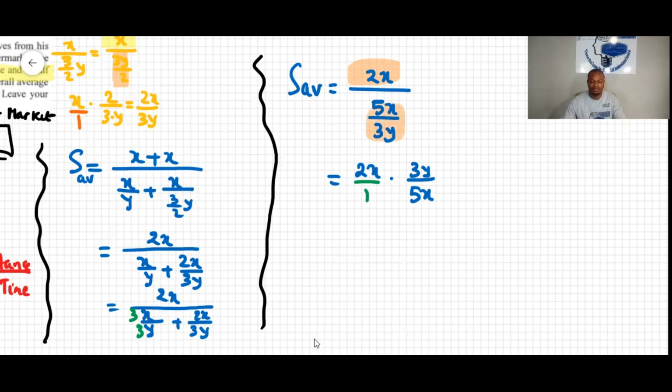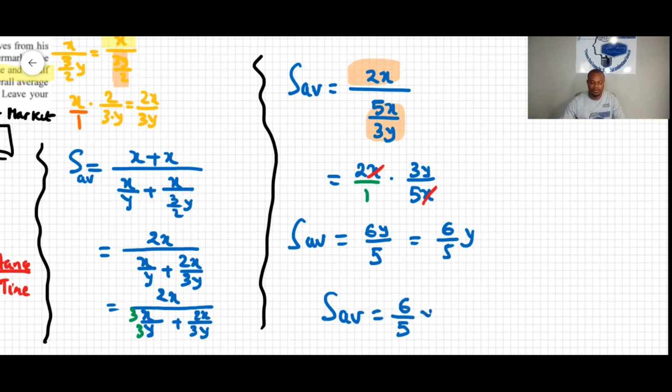So now we can multiply this. We can notice that we can cross out x and x here, and then this will be 6y over 5, which can be written as 6 over 5y. That's the average speed. So I'm going to say here the average speed will be 6 over 5y kilometers per hour.